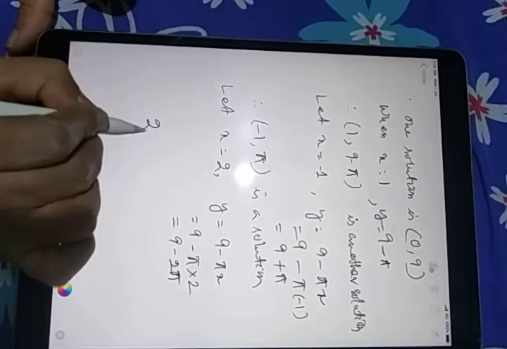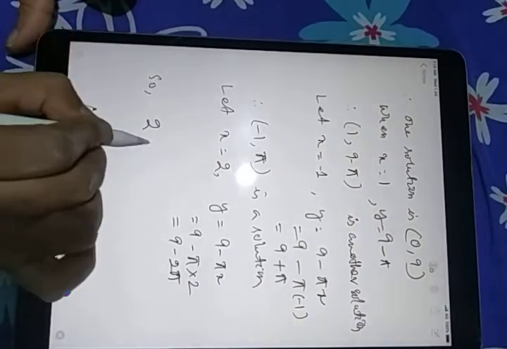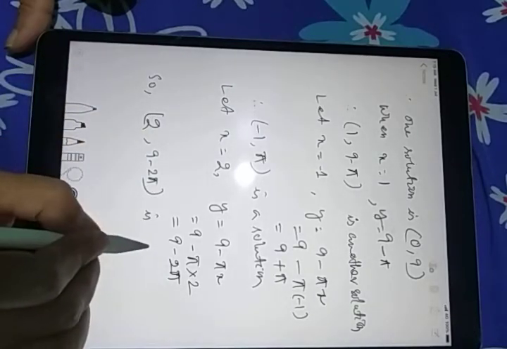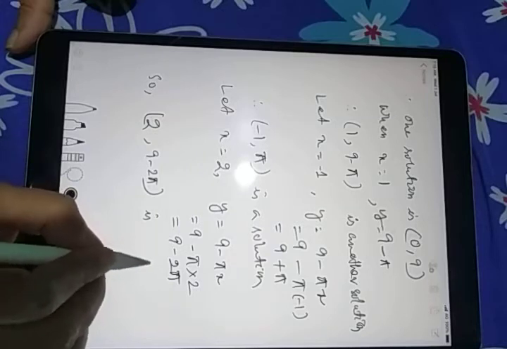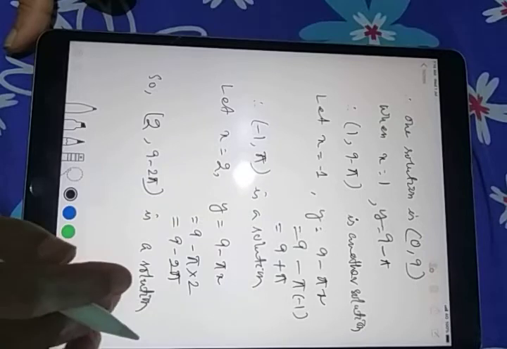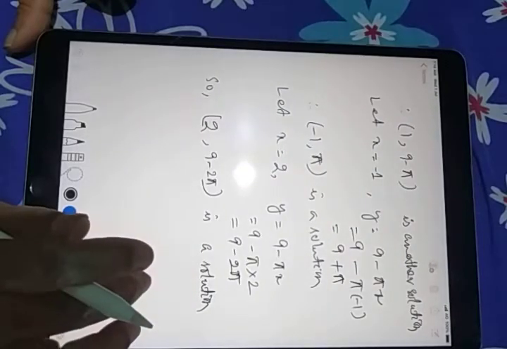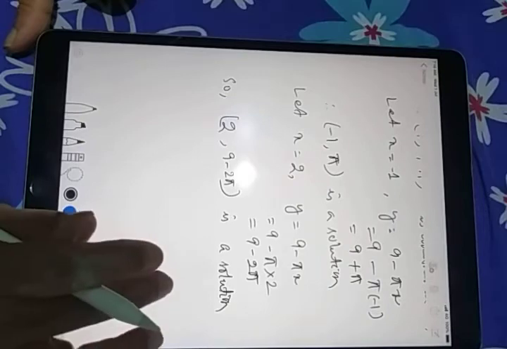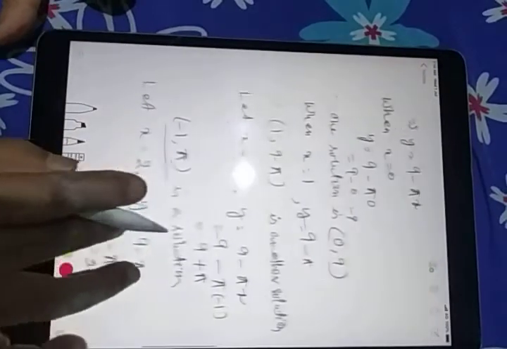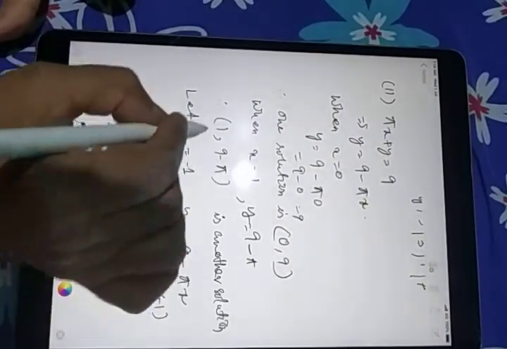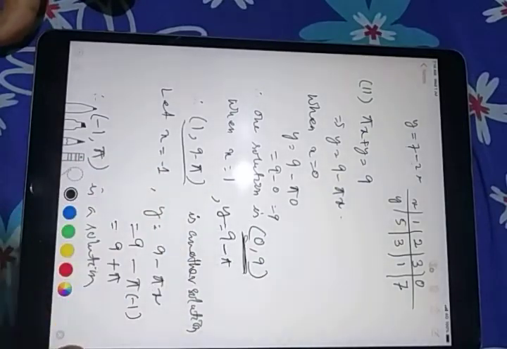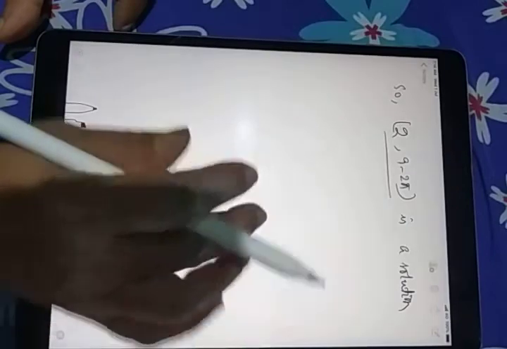So (2, 9 minus 2 pi) is a solution. So like this, 4 solutions you have calculated. This is solution 1, 2, then 3, and this is 4.